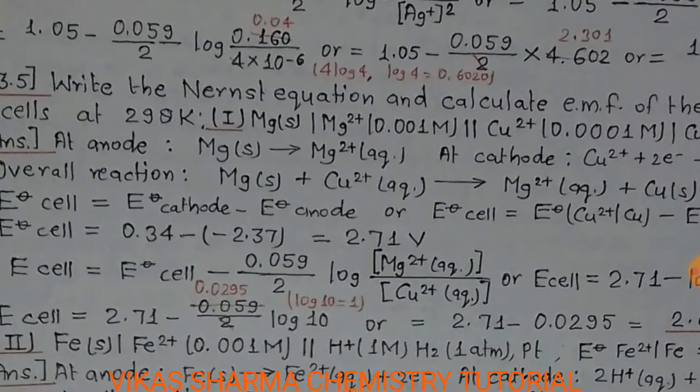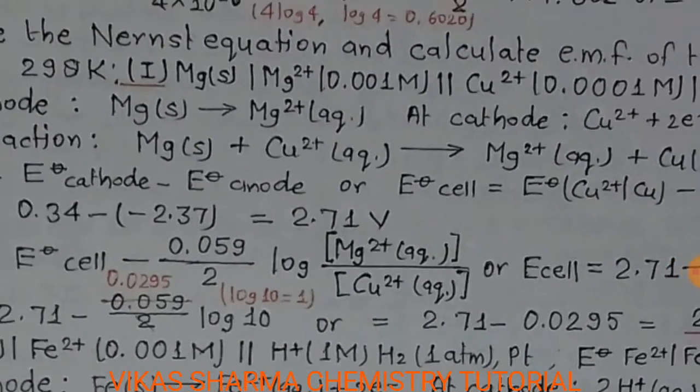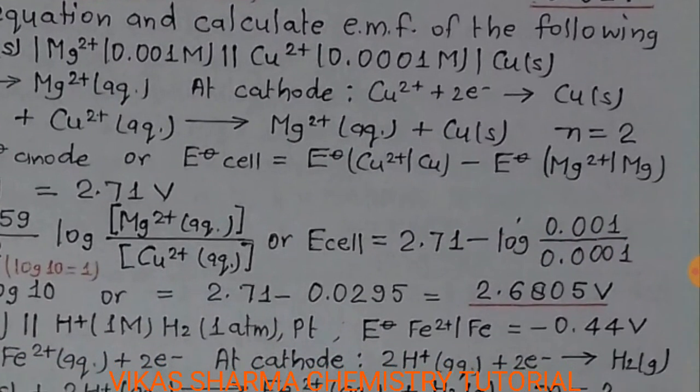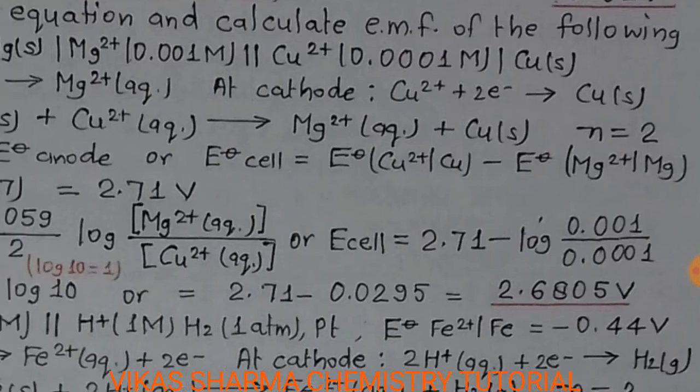So student, E cell is equal to E° cell minus 0.059 divided by 2, because the number of electrons gained or lost is 2, log of the concentration of anode Mg2+ over the concentration of cathode Cu2+, which are given in the numerical. So we put in all the values, student: E cell equals 2.71 minus log of 0.001 divided by 0.0001.